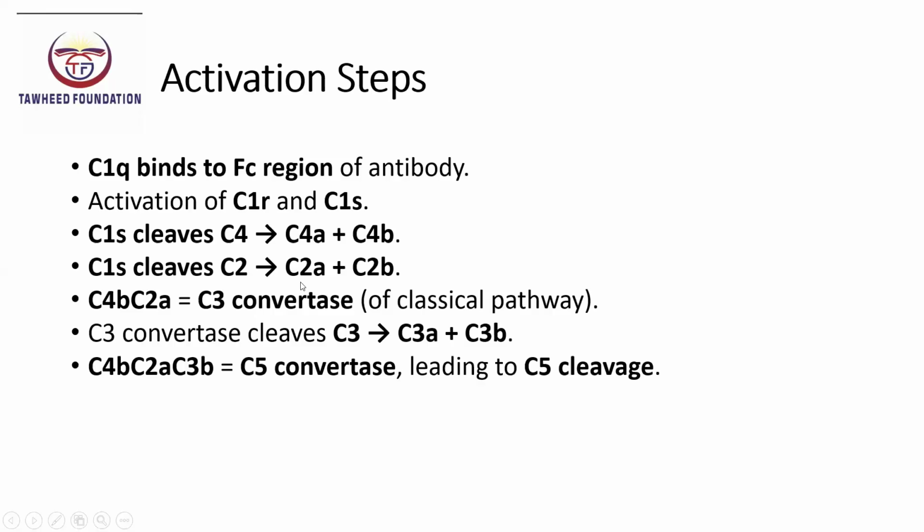The larger C2a fragment binds to C4b to form the enzyme C4b-C2a, which serves as the C3 convertase of the classical pathway. C3 convertase then cleaves the next major component, C3, into C3a and C3b.